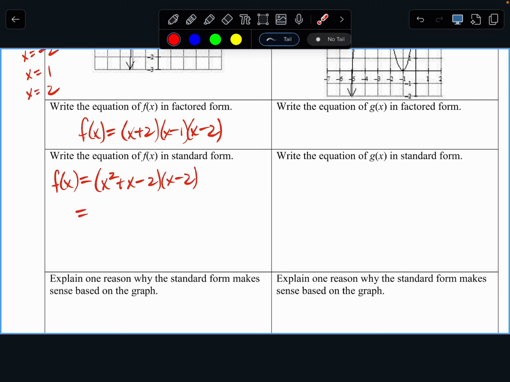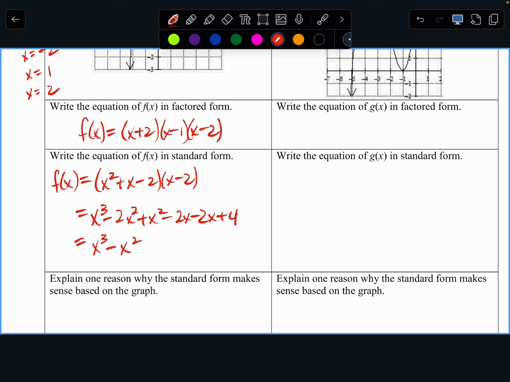I'm going to distribute x squared to these two. So I get x cubed minus 2x squared plus x squared minus 2x minus 2x plus 4. Okay. And then I combine my like terms: x cubed minus x squared minus 4x plus 4.